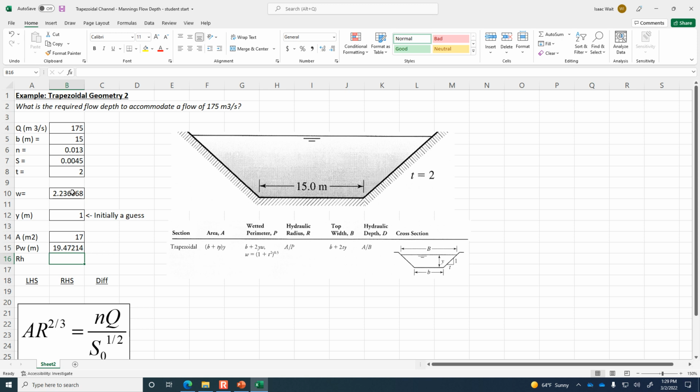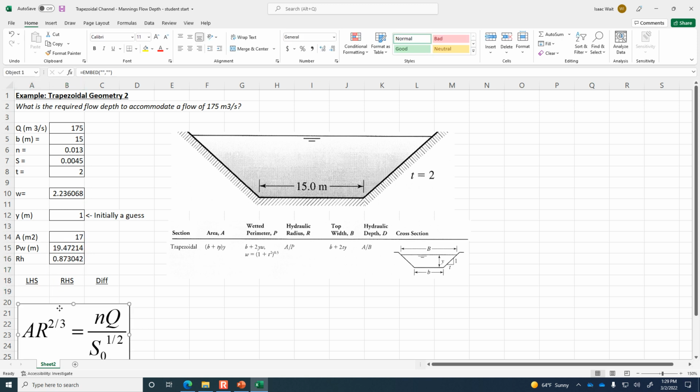Okay, and then R sub h, hydraulic radius, it's the area divided by the wetted perimeter. So equals area divided by wetted perimeter.